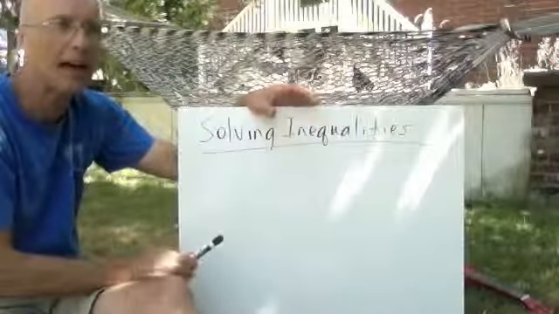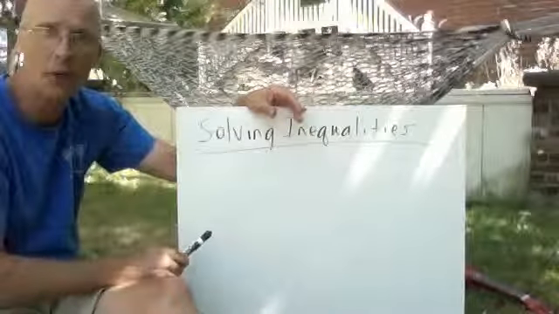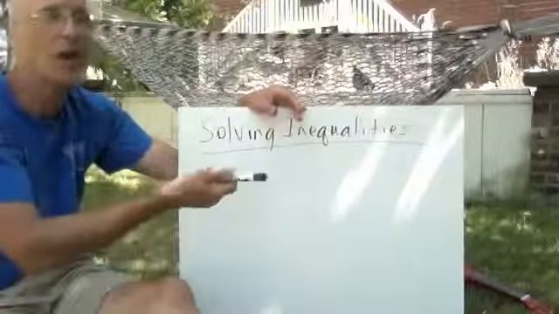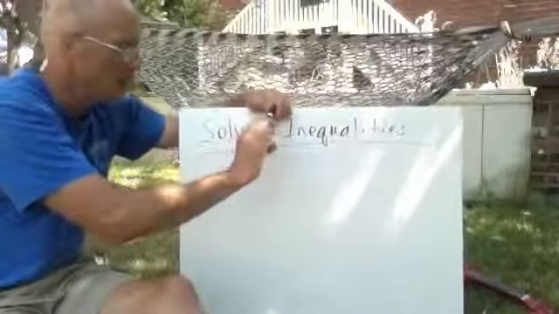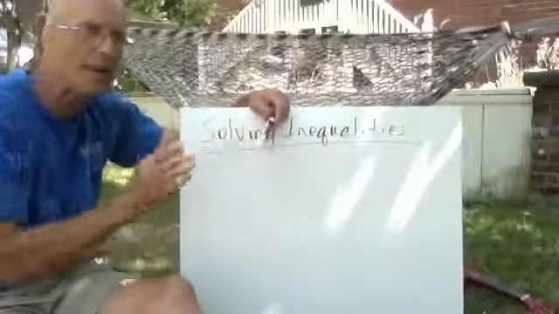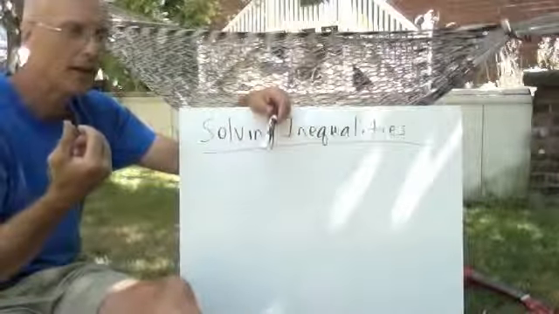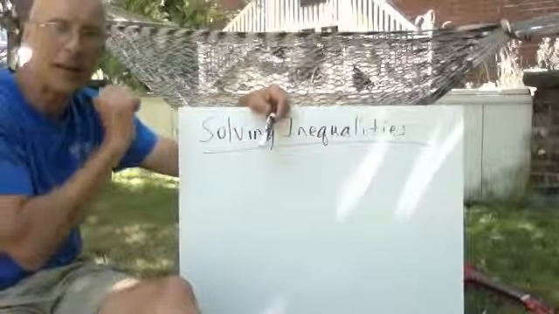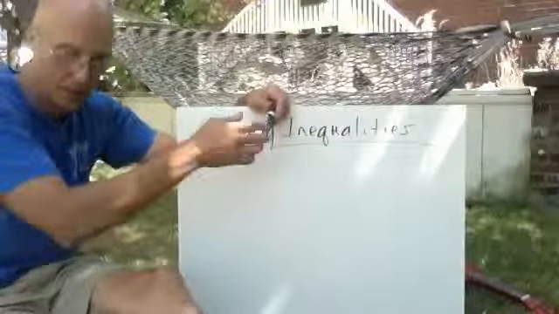It's a little bit like, I don't know if you know about the Superman comics, Bizarro World, where everything's the opposite. Superman there, instead of being good, he's bad. Well, it's a little bit the same. Because if you think about inequalities, they're pointing up the number line or down the number line. When we multiply them by a negative number, it's going to change everything. It's going to make it flipped.